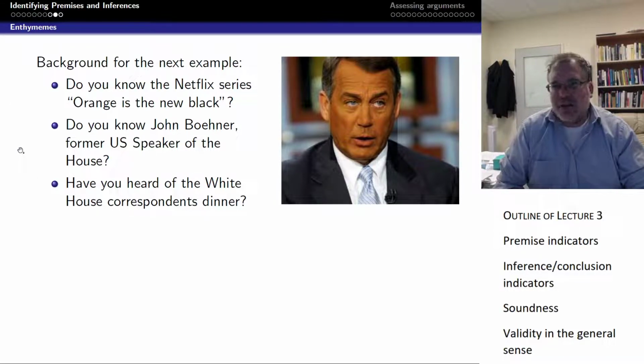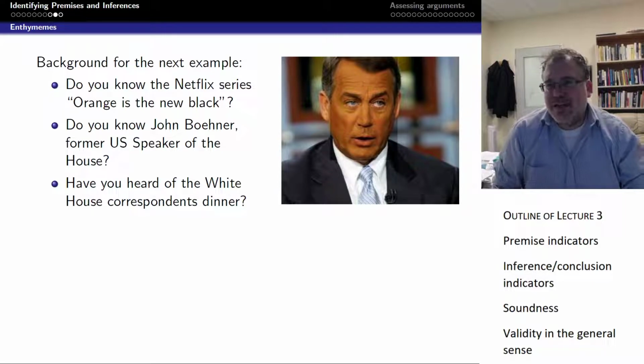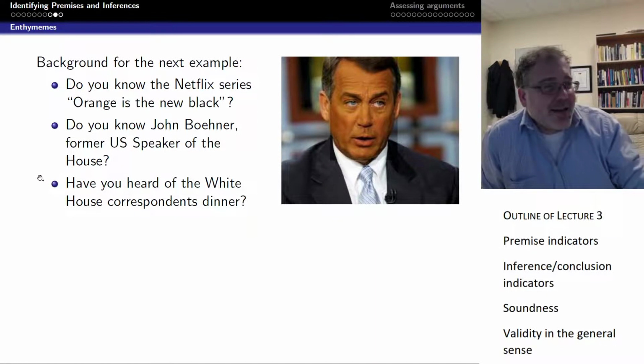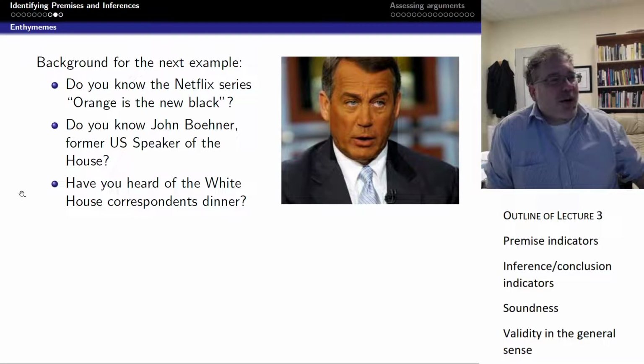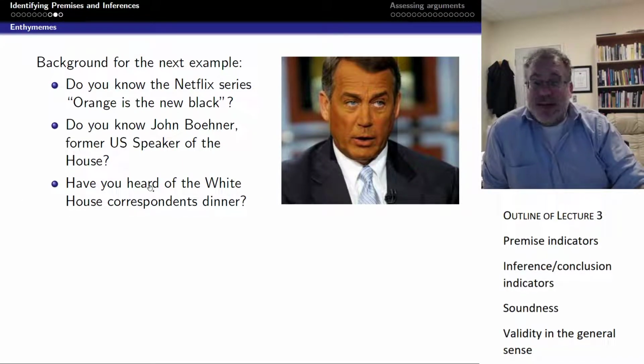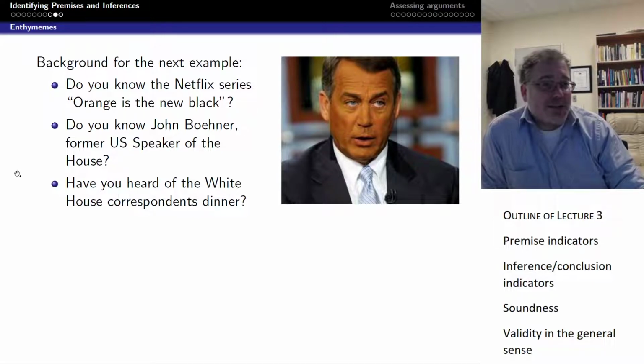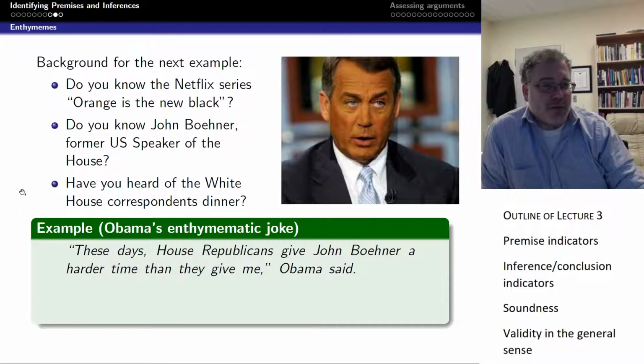And then there's something called the White House Correspondents' Dinner every year in the US, where all the journalists go and mingle with politicians like they were not doing that for the rest of the year. All right. So presidents make jokes at this thing, which is where I've taken the example from.